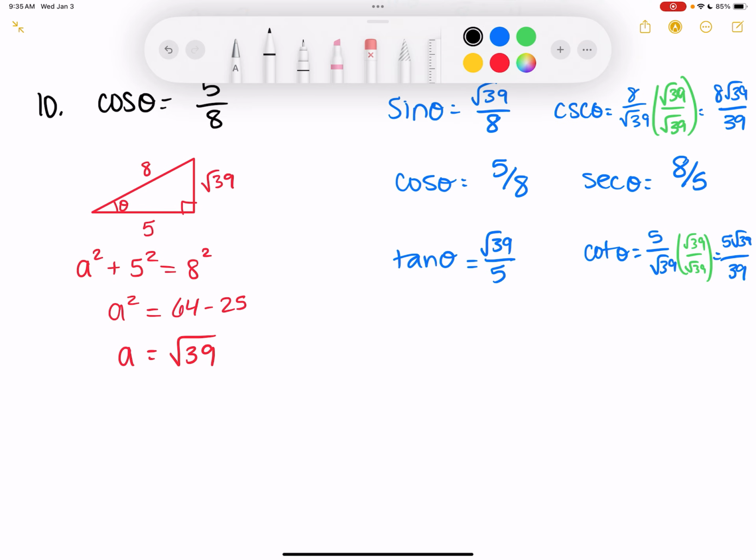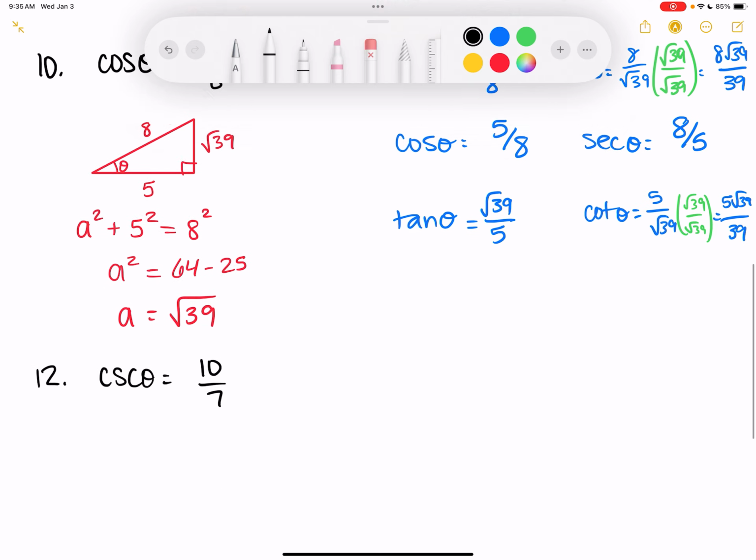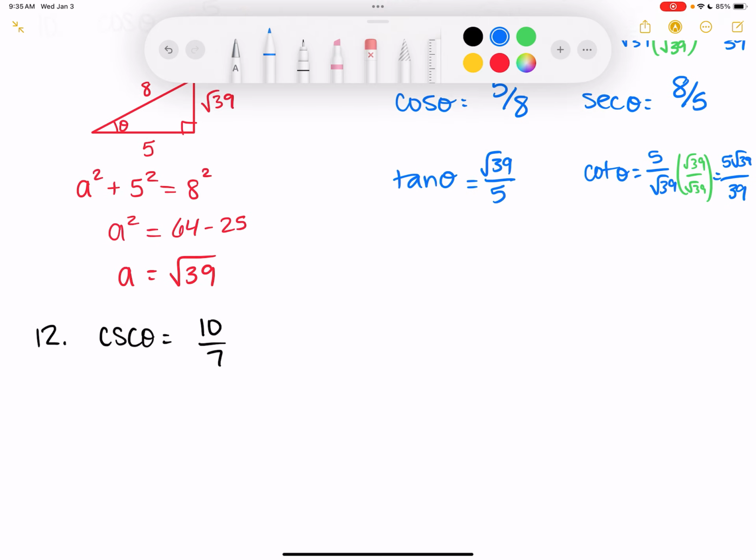12. Cosecant of theta is equal to 10 over 7. So I'm going to set up my table.